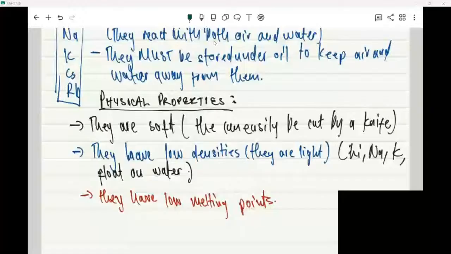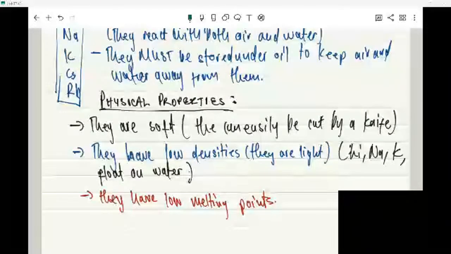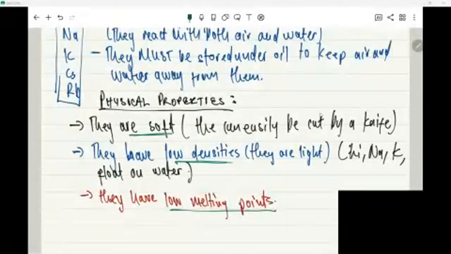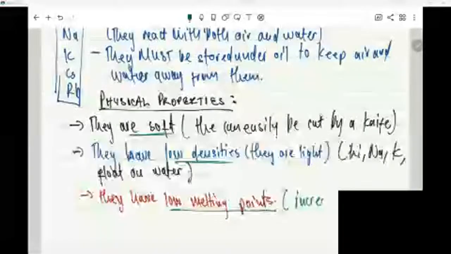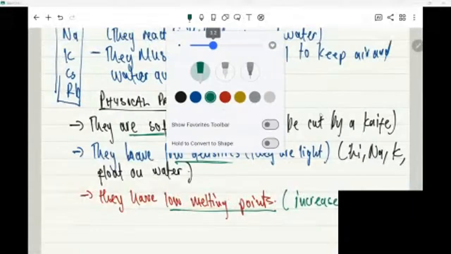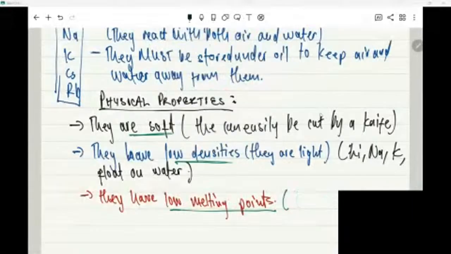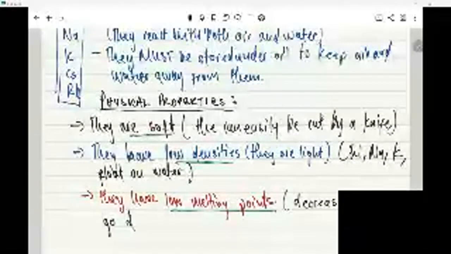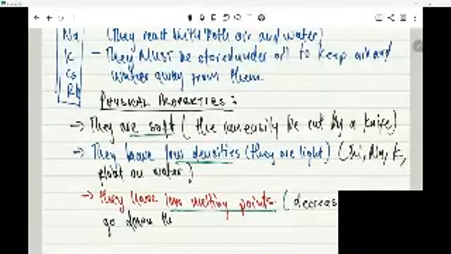So far, they have low densities, they are soft, and they have low melting points. Density increases as you go up the group. Melting point decreases as you go down the group.